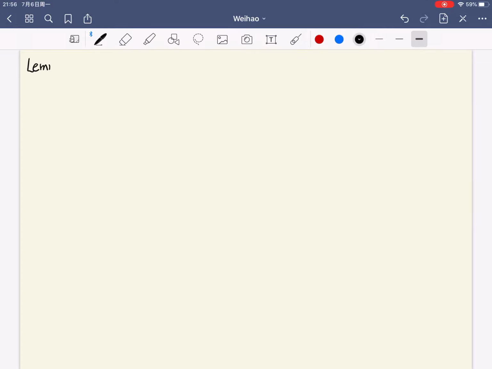Let's introduce this lemma, which also shows in the book Matrix Computations, a very useful book. You can find it in chapter 8.